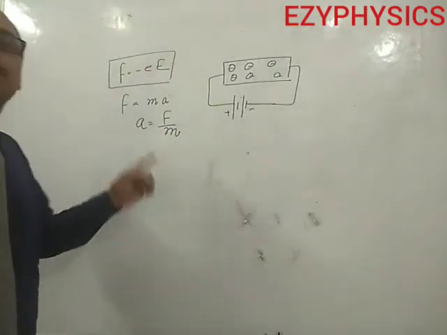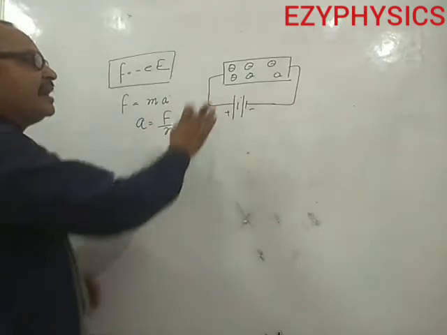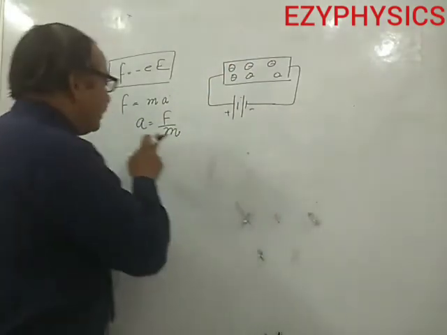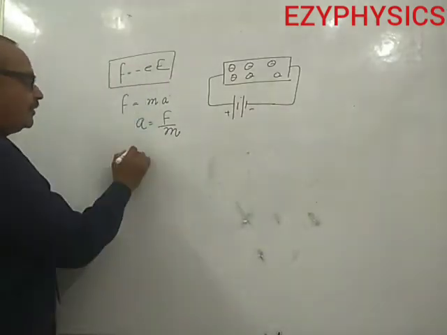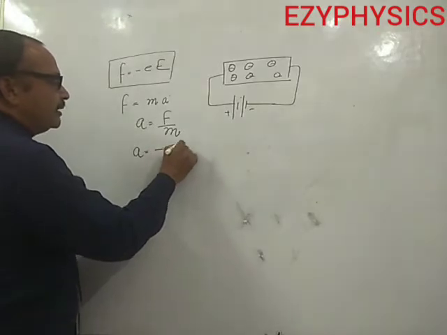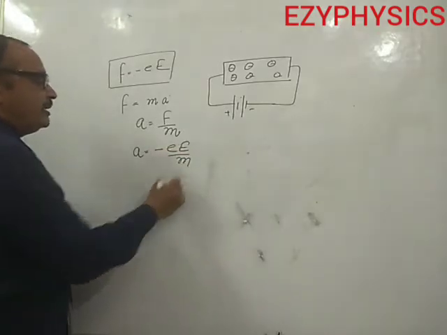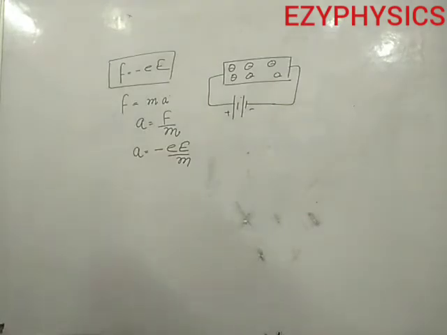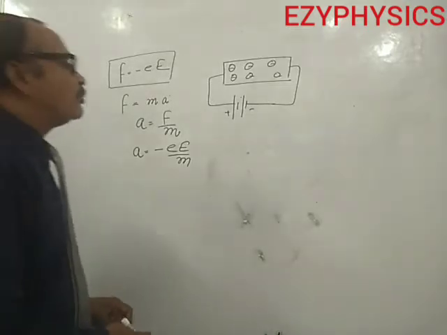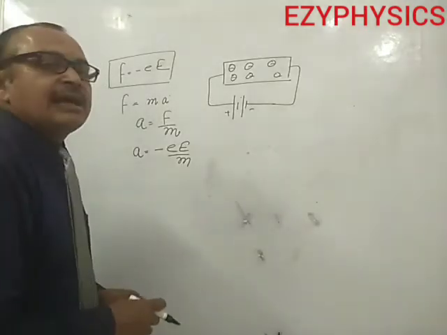The acceleration produced inside the conductor on the electrons will be given by this, and F is this, so a is equal to minus e times E by m. This is the acceleration produced in the electrons when the electric field is applied. And as I told you in the previous topic also, regarding relaxation time.